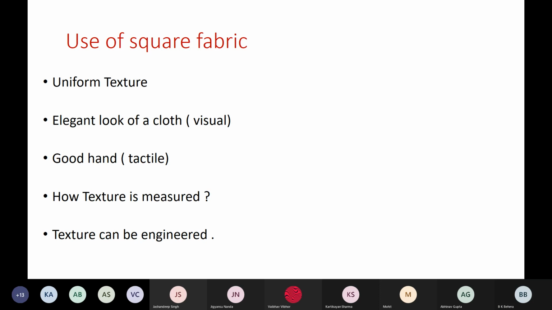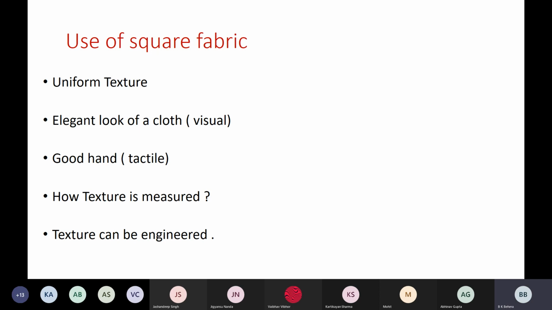So the higher the CV, the poorer the texture, which means the more non-uniform the look of the fabric. The lower the CV, the more uniform the fabric, or the better the texture, which means the fabric gives an elegant look. That is the meaning of texture, which can be expressed statistically by quantification in the way I explained.